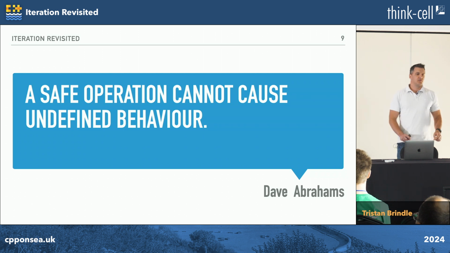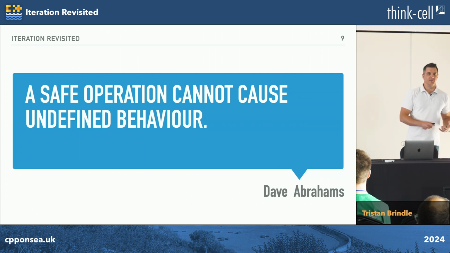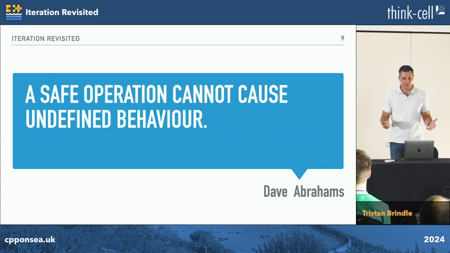And I really like this definition of safety because there are all sorts of kinds of safety that people talk about. But really, at the root of everything is undefined behavior. Because if we have undefined behavior in our program, I guess it's arguable we don't even have a C++ program at all.